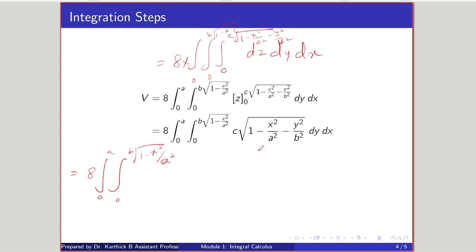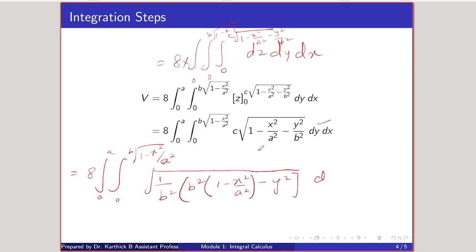In order to solve this problem, because we have to evaluate the integral with respect to y, I may simplify this term as the square root of 1 by b square, I am just multiplying and dividing it, times 1 minus x square by a square minus y square, dy dx. Okay.